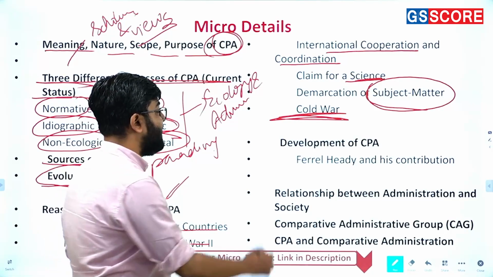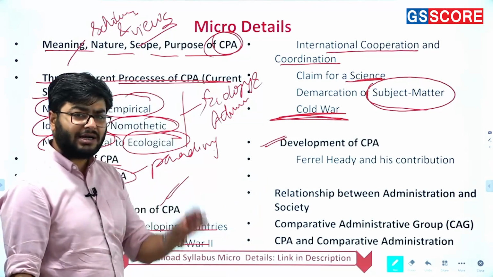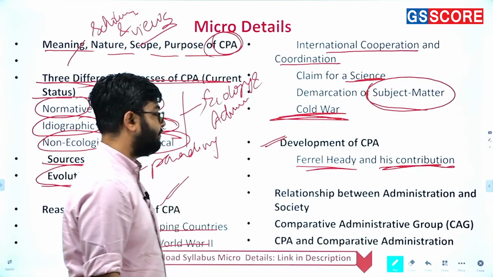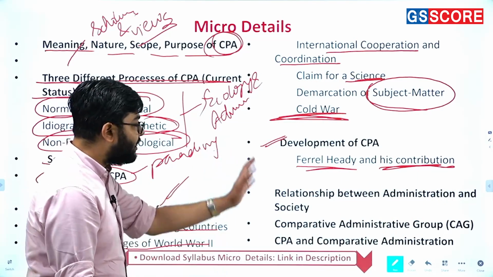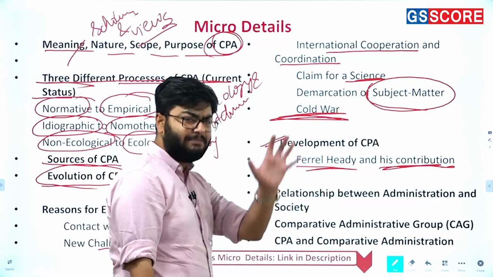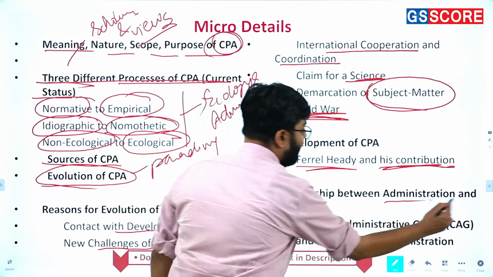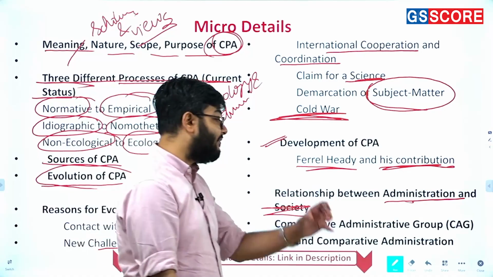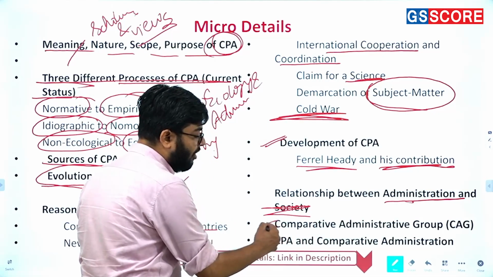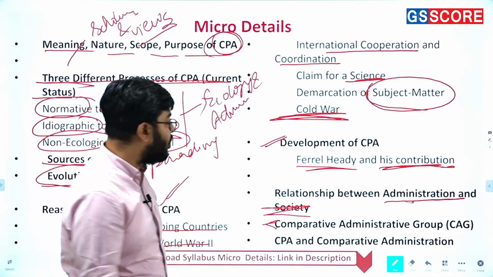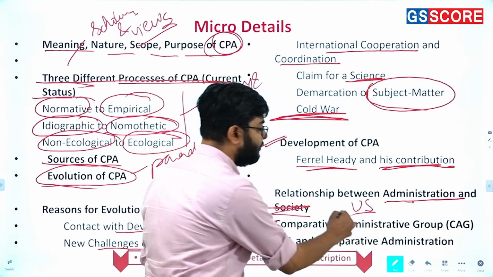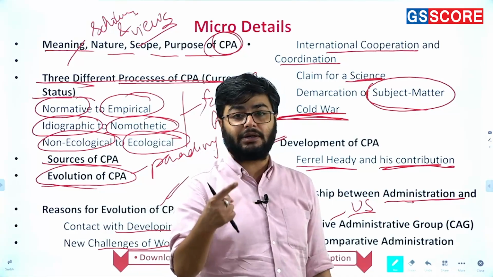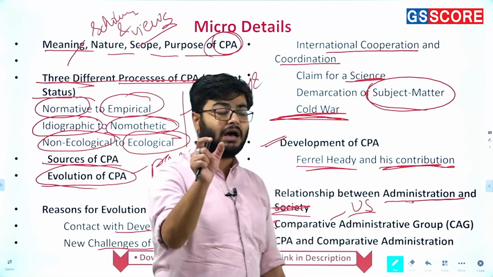Then of course, with regards to development, a key scholar, Ferrel Heady, and his contributions. And how does the CPA play out between the administration and society? Certain historical developments like the formation of the Comparative Administration Group in the United States and its contributions towards the thematic development of the CPA as a paradigm.